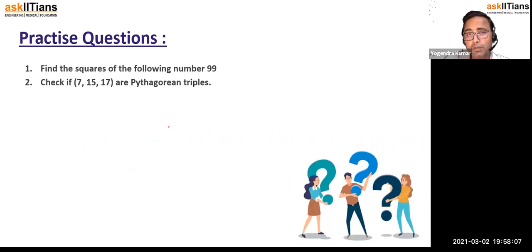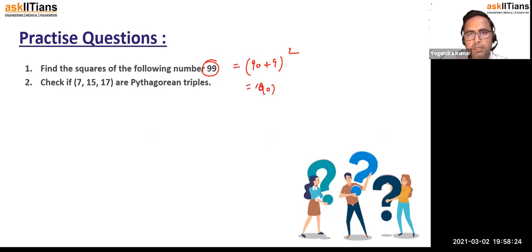Find the square of the following number. Okay, we need to find the square of this number. You can remember it like this: 99 square we can do as 90 plus 9 square.